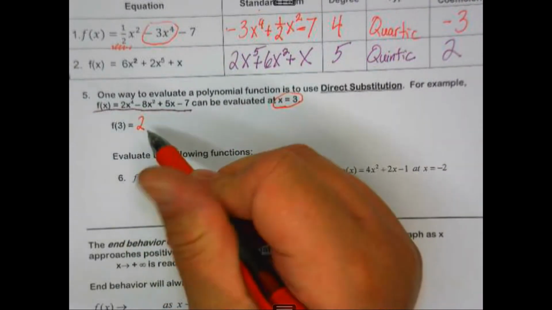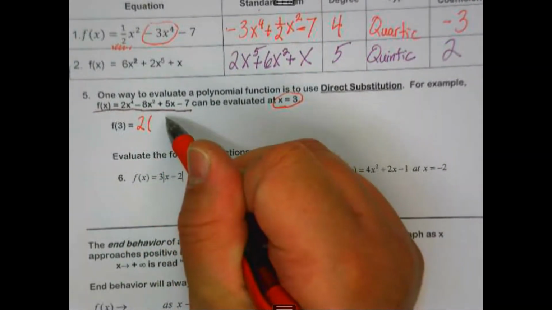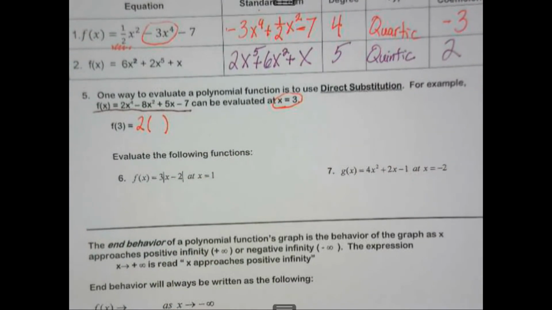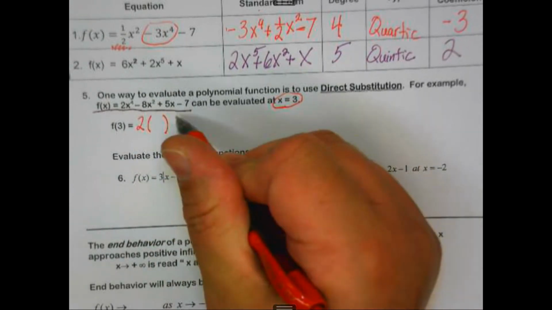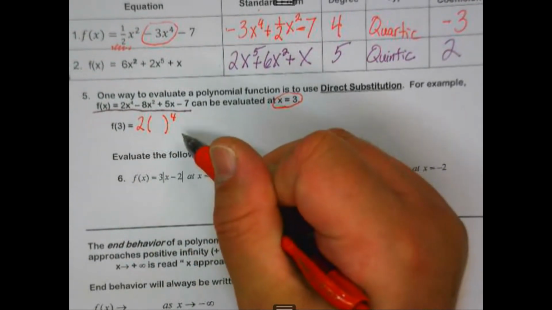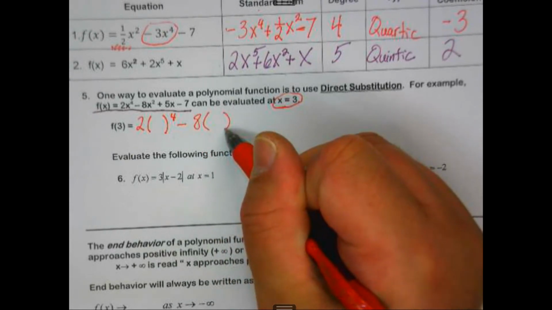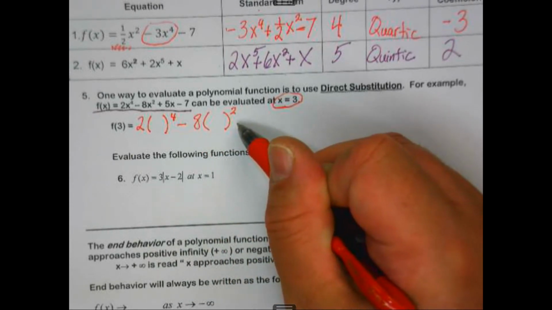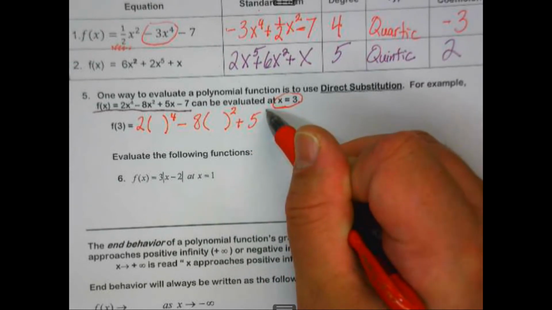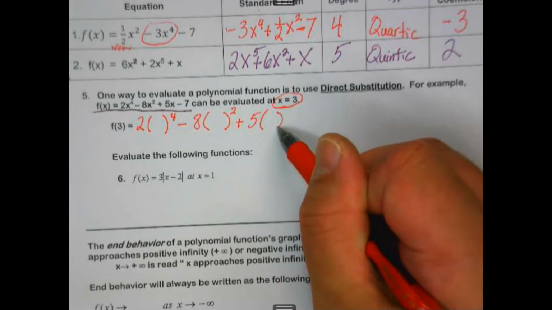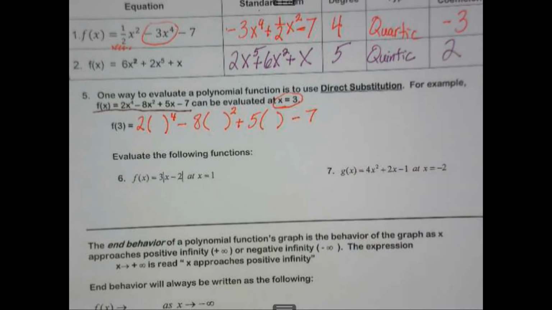Again, I said yesterday, wherever you see an x, put in parentheses. Don't forget the exponents here. Minus 8x squared plus 5x minus 7.